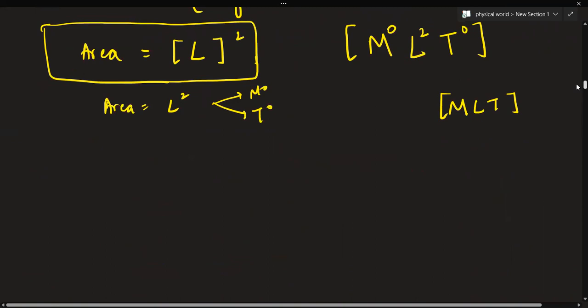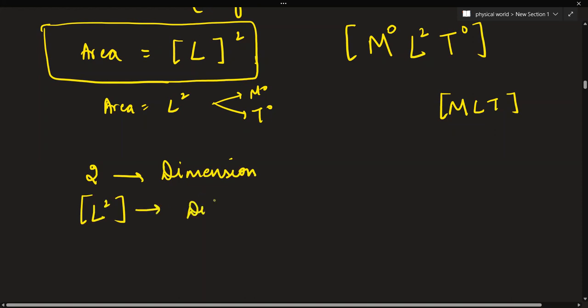So see, what did we do? We wrote the formula as what? L square. Now see, this power 2 that you are getting in front of the L, this is your dimension. And the L square that you are writing, this is the dimensional formula.